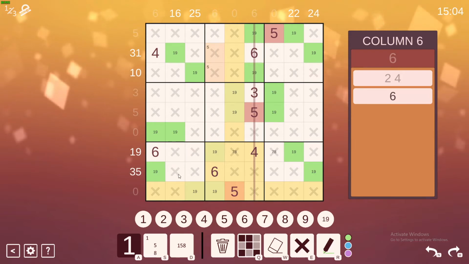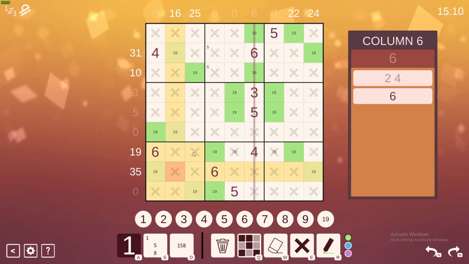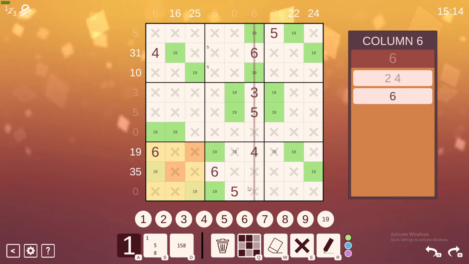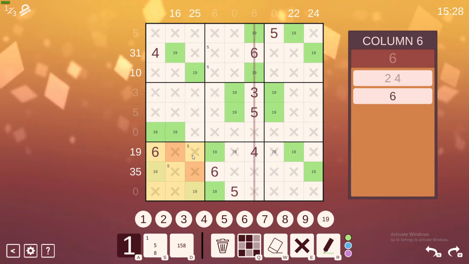Now this 5 acts on this cell fairly decently. It tells us that we have a 5 here and a 5 here. Because of these 6s as well, we can't have one next to a 6. Now this also tells me that this 4 cannot go here or here, because that would eliminate the possibilities of our 5.